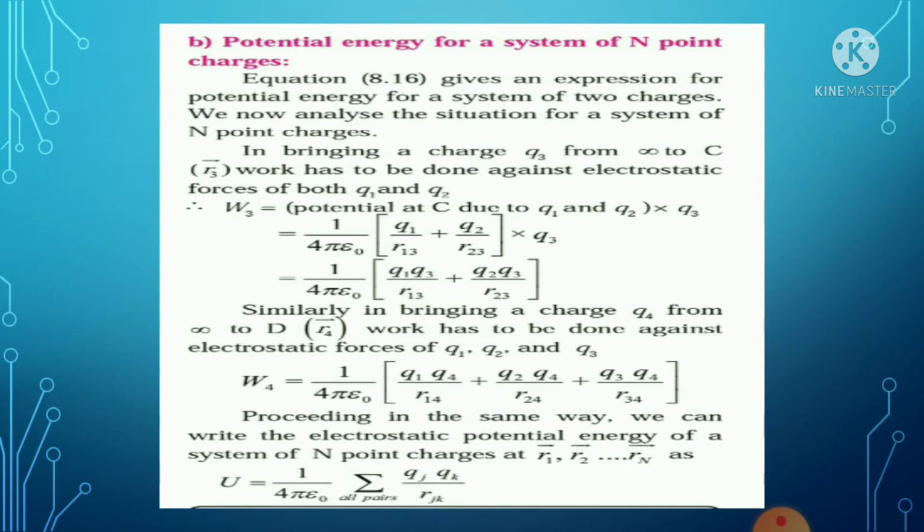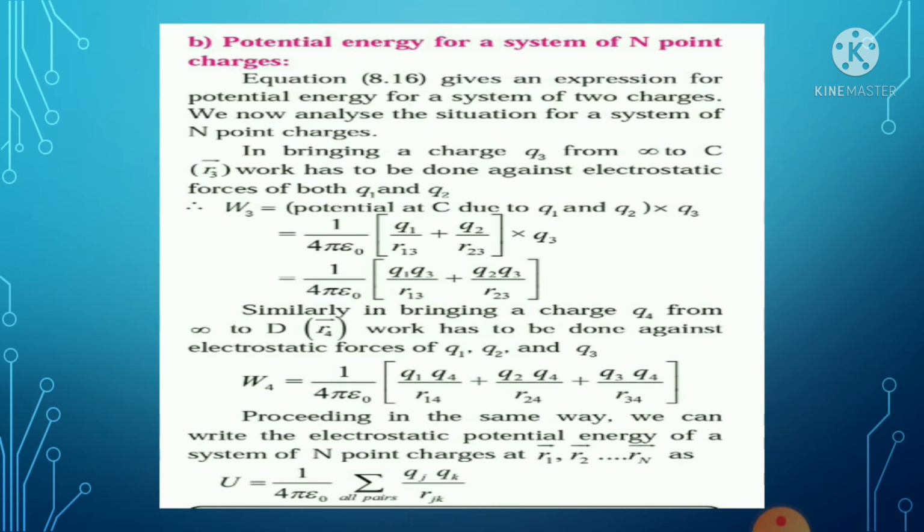Proceeding in this same way, we can write the electrostatic potential energy of the system of n point charges at R1 bar, R2 bar, R3 bar, R4 bar, up to Rn bar as U equal to 1 upon 4 pi epsilon 0 into summation over all pairs Qj into Qk upon Rjk.